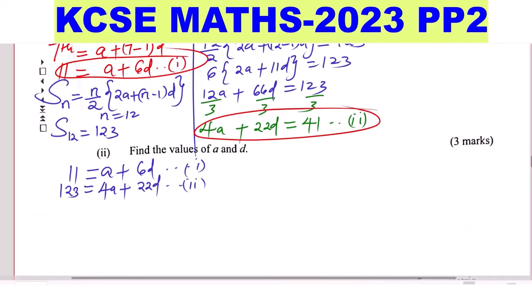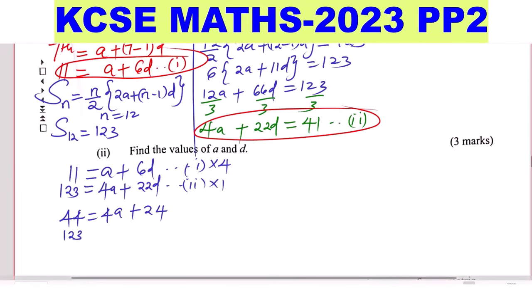So use the elimination method. I will eliminate a. To make a uniform, I'll multiply the first one by 4 so that I get 4a, and subtract the second one, 4a. Multiply the whole of equation 1 by 4. So we get 44 is equal to 4a plus 24d. Then the second equation is just multiplying that one by 1.